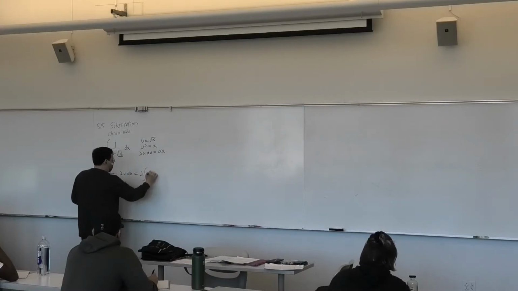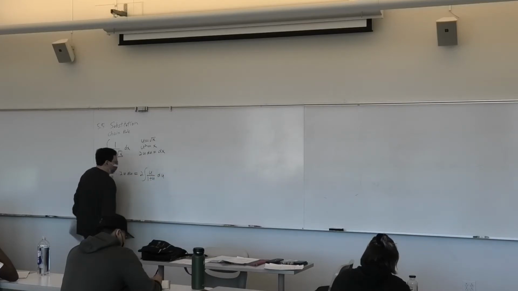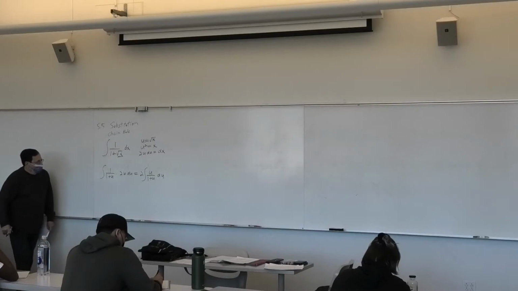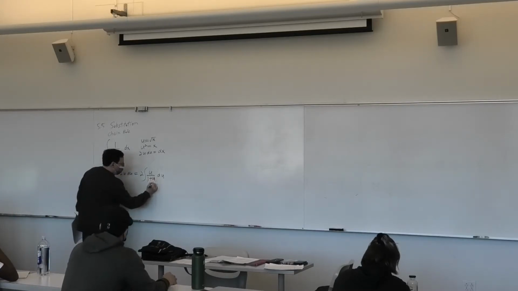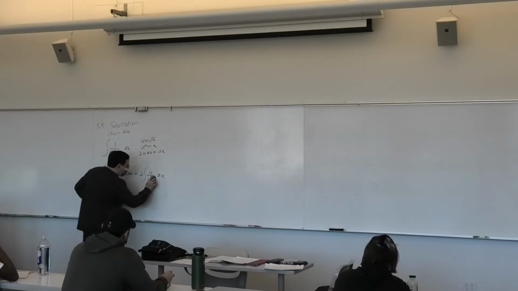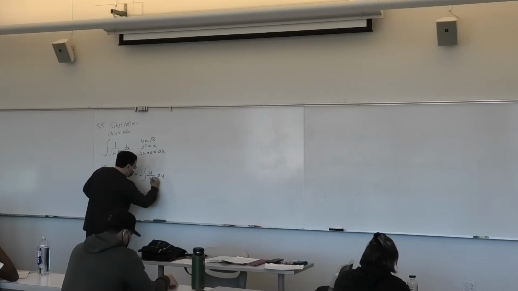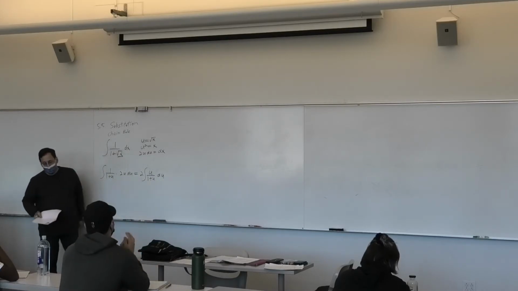I'm going to take the 2 out, just get it away. All right. Well, now we have something new, but we don't really know what to do with that. We don't know what to do with this either right away.